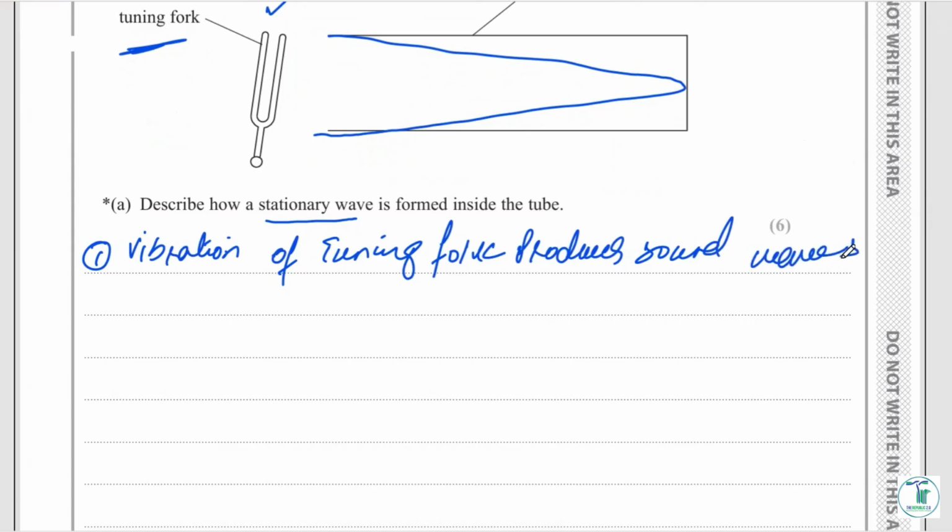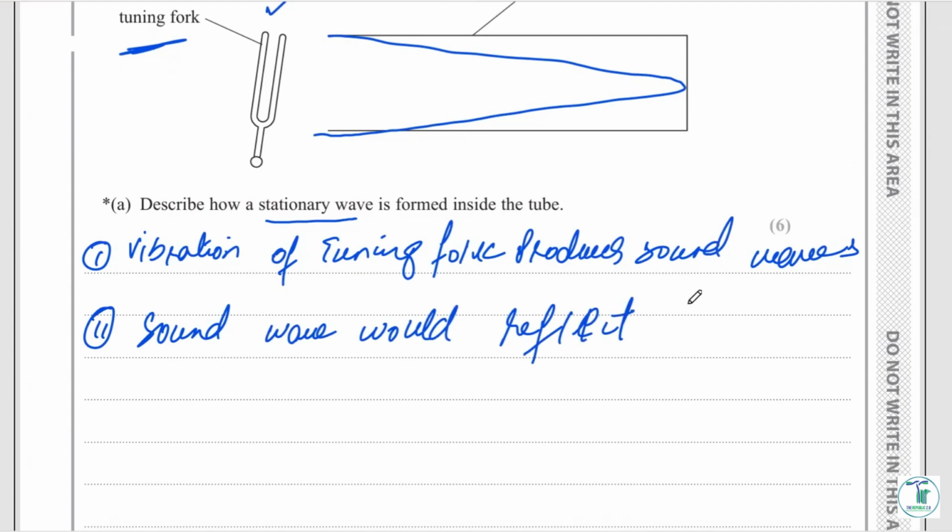That is the first point. You need to tell them from where the sound wave would be produced, right? Sound wave would reflect. I just told you initially, the sound wave would reflect from the closed end. Sound wave would reflect from the closed end, right?